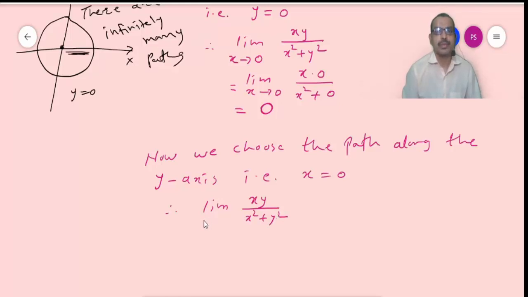Here we choose the path along the y-axis. Therefore the limit is y tends to 0. Then this is equal to the limit, here 0 into y upon 0 plus y square, the limit y tends to 0. Therefore the value of the limit is 0.